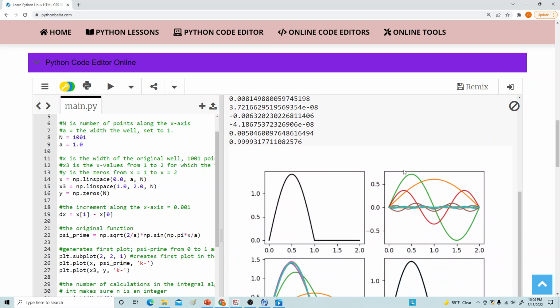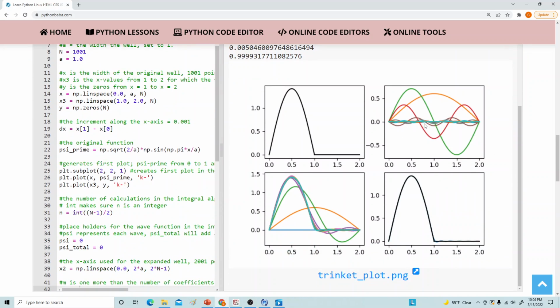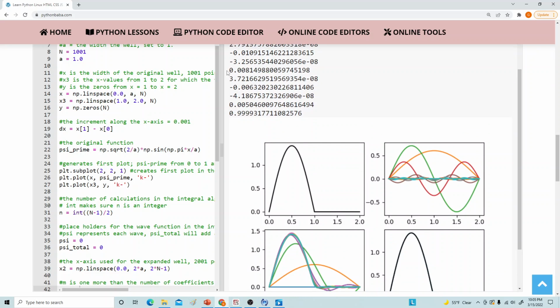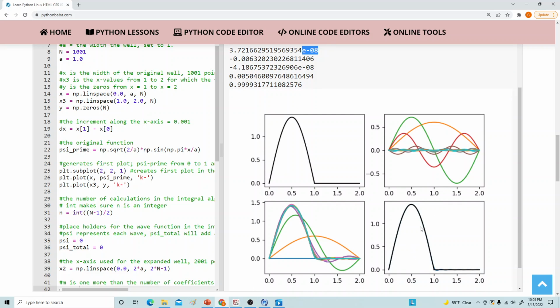But notice, okay, now we've got a lot more coefficients in here, or sine waves in here. And that means that some of our coefficients did not disappear, and that's what we're seeing here, right? Even though this is really small, it's still not negligible yet. Not in the same way that 3.7 times 10 to the negative 8 is. And now when I add 20, look at this.